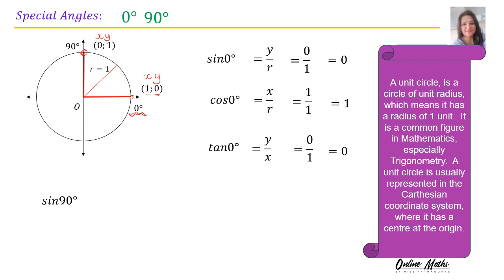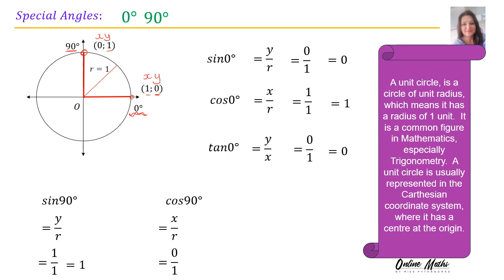Now let's move on to 90 degrees. The ratio for sin is y over r. Now we go to 90 degrees. Up there, y's value is 1 over 1, which is 1. Cos 90. Cos's ratio is x over r.